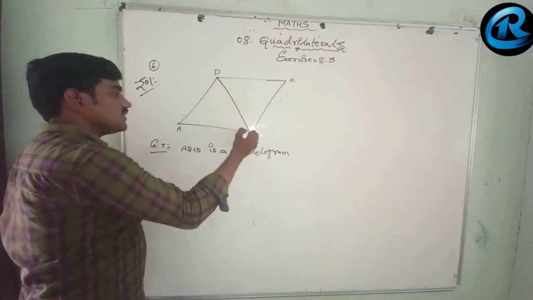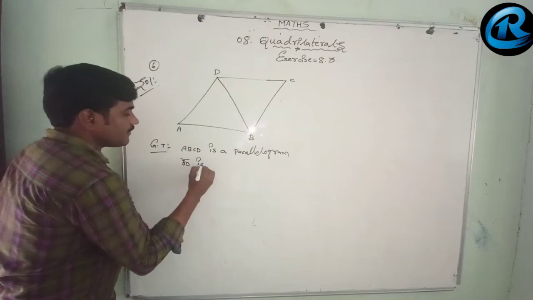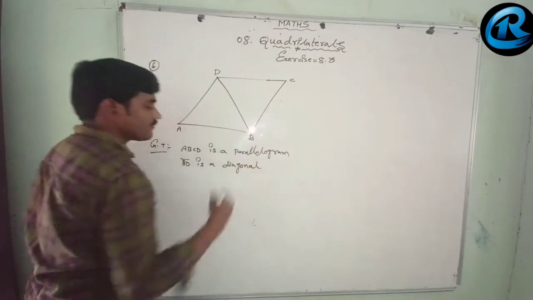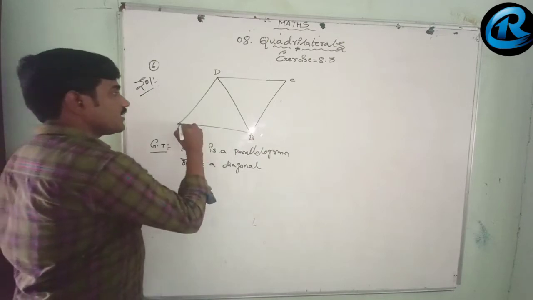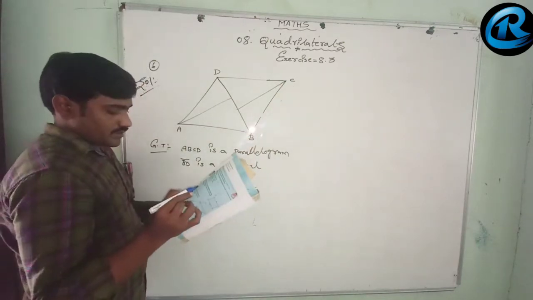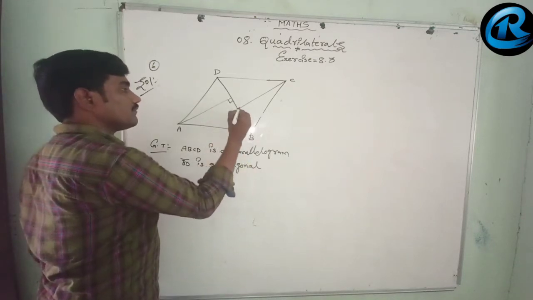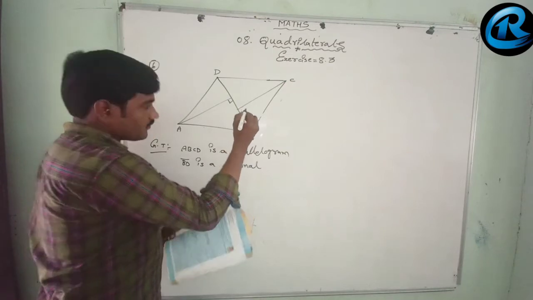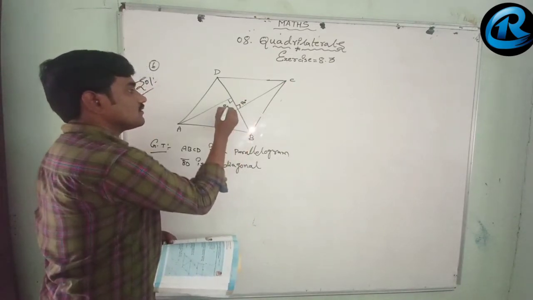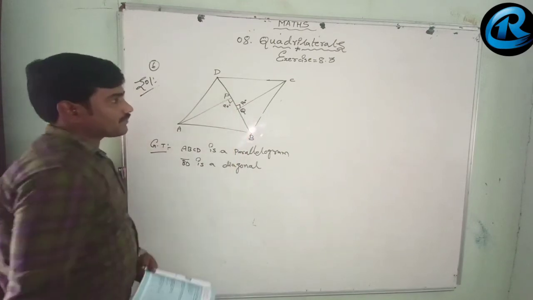BD is a diagonal. Here AP and CQ. This is P and this is Q. These will be perpendicular.